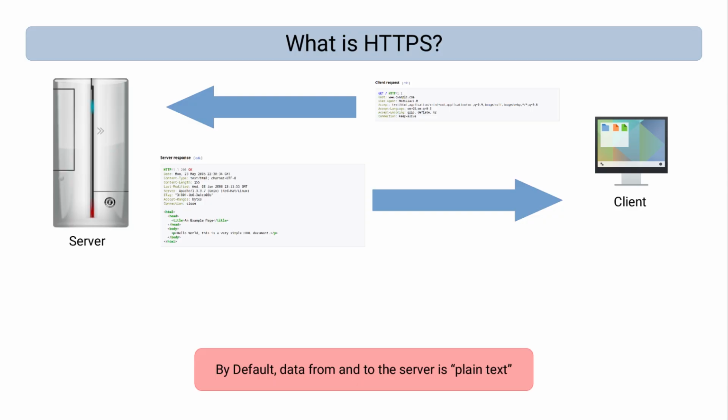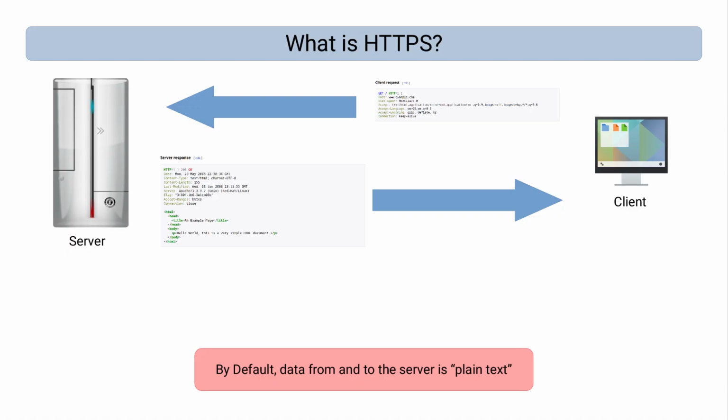Kind of like if you were to send a package from New York to LA, it's probably going to go through a couple distribution hubs before it reaches that final destination. Now, with plain text, it's like having a transparent package. Sure, not everybody is looking at it, but it does allow anybody who wants to take a look to see what's actually inside the package.